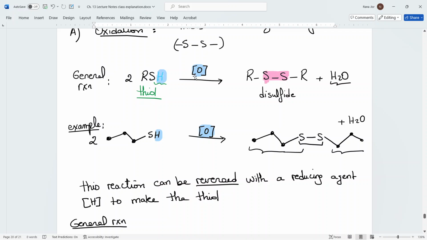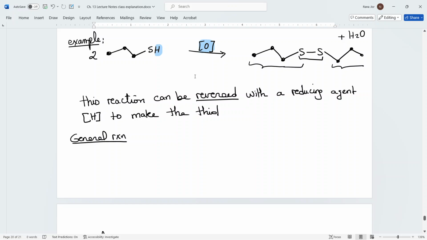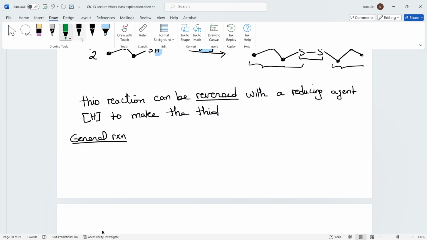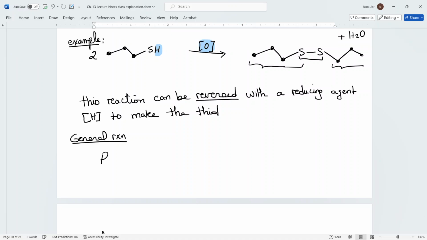So I need to use a reducing agent instead. The general reaction starts from the disulfide. Here you go. So you start from the disulfide and you use a reducing agent.